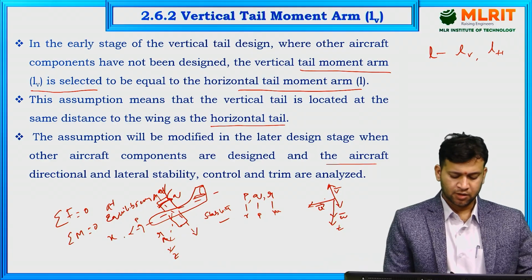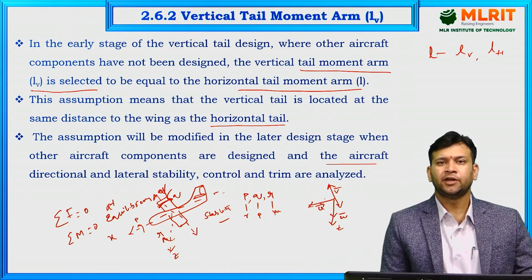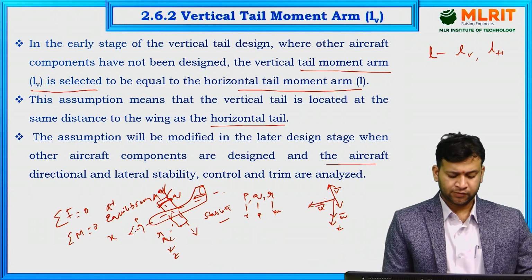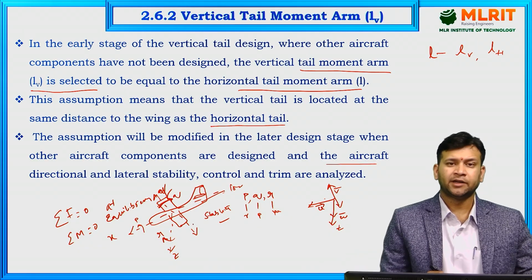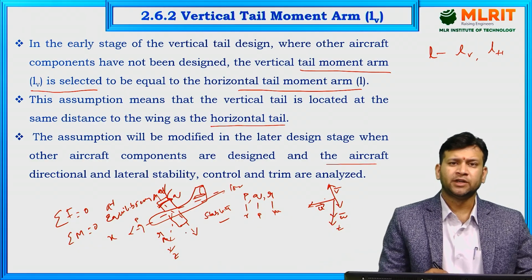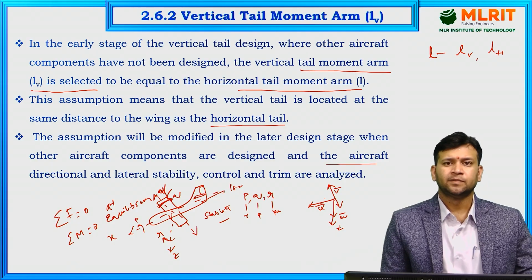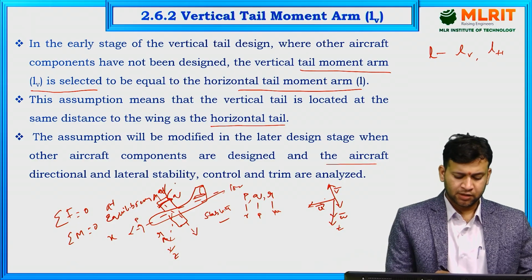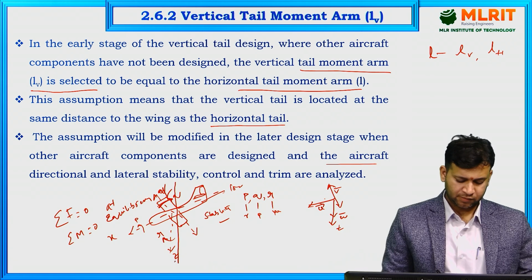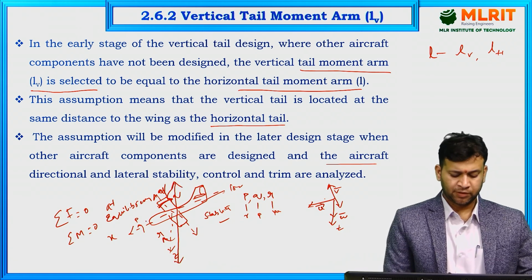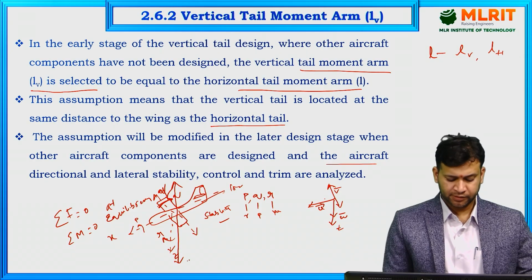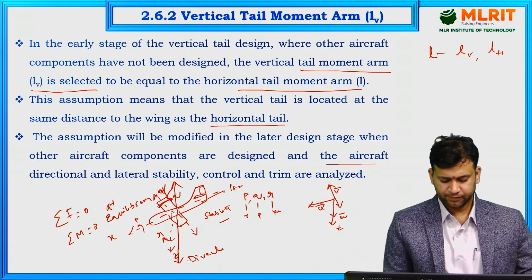This longitudinal axis completely governs the longitudinal stability. In Y direction, which is wingtip to wingtip, is lateral stability, and this vertical line which is perpendicular to X and Y is directional stability.